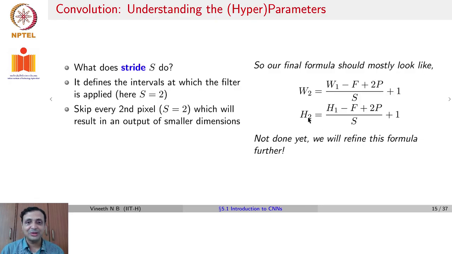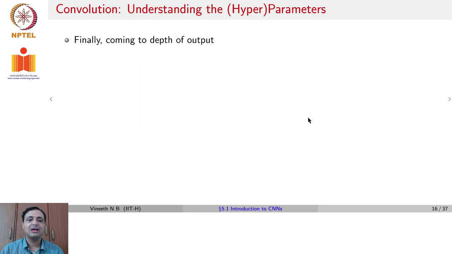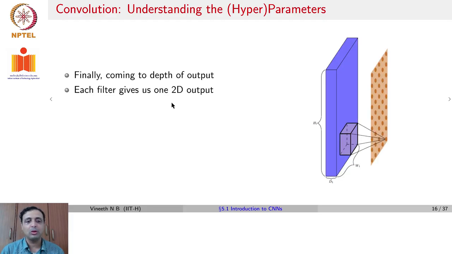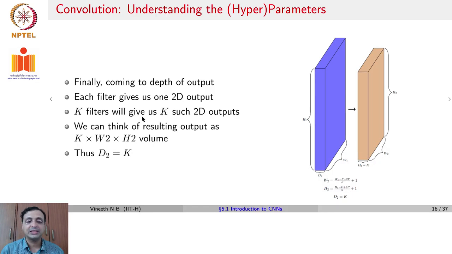Are we done with finding the values of W2 and H2? Not yet done. There is one more detail left, and that detail is the depth of the output. As we already mentioned, the depth of the output comes from using multiple feature maps or multiple filters. Each filter gives us one 2D output, and k such filters will give us k such 2D outputs. As you can see now in the output region, we are saying now that the depth D2 is k.